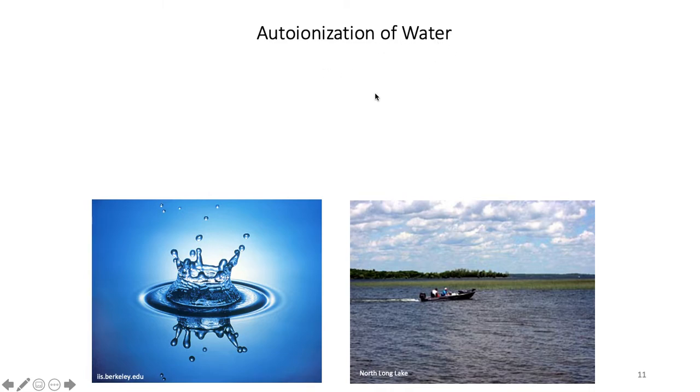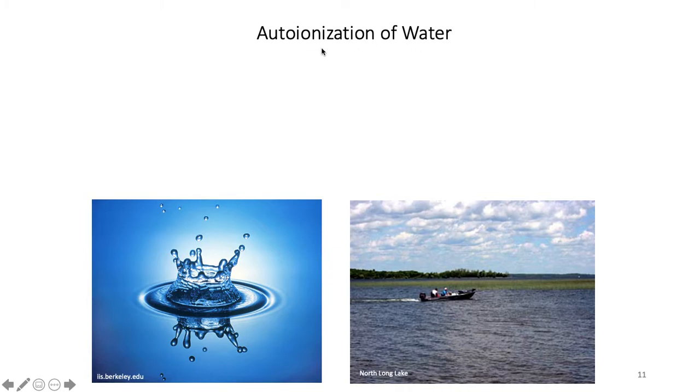If it's paired with a base, it's going to act as an acid and donate a proton. So water can act both as an acid and a base. It can do that even when it's just pure water. We call that the auto-ionization of water.